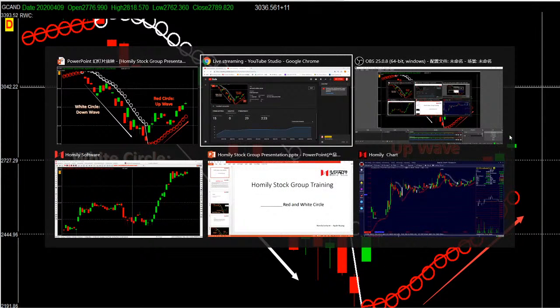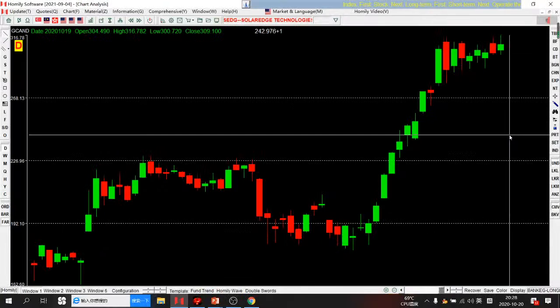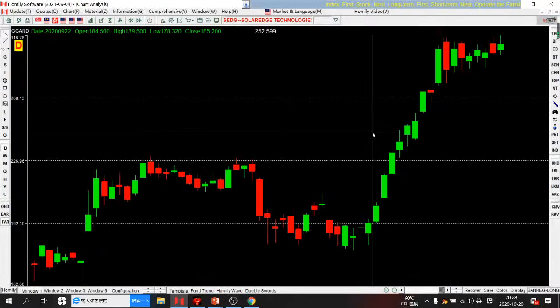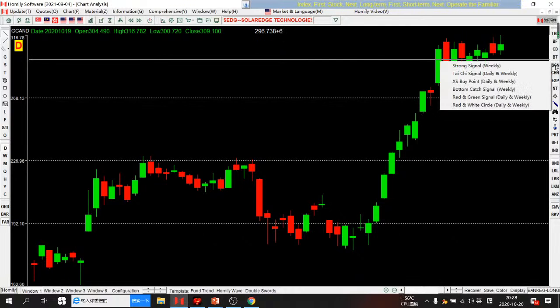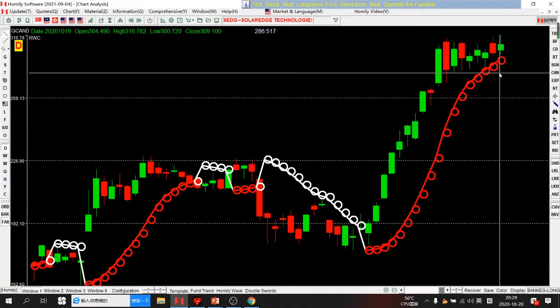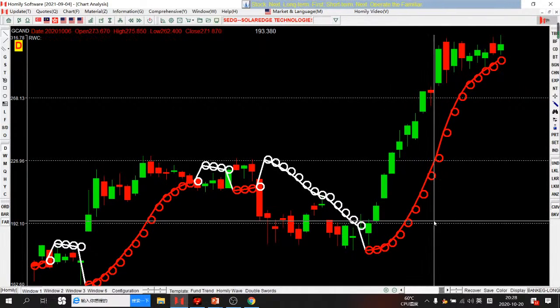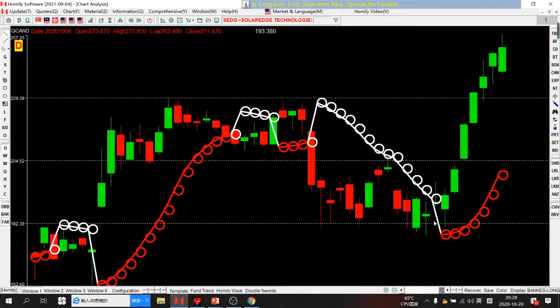Let's look at our software. For example, we go to the right side and just click red and white circle here. Very good, the red and white circle appears.